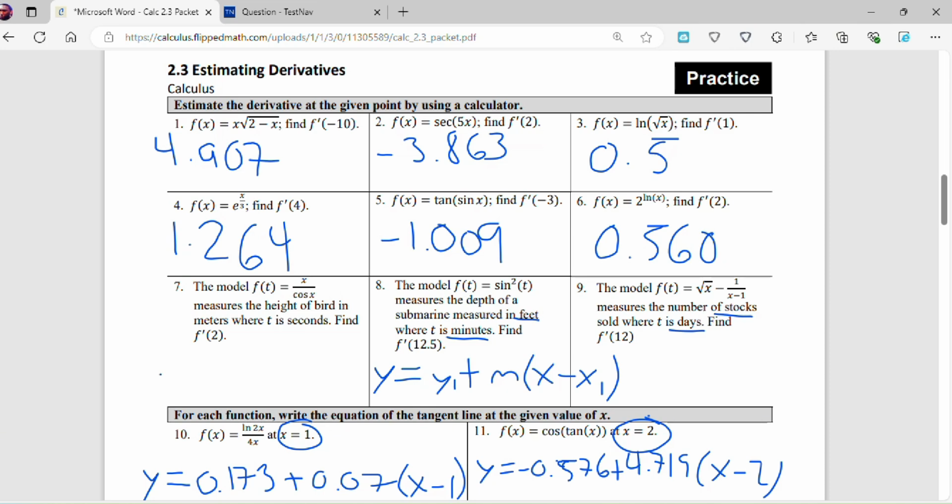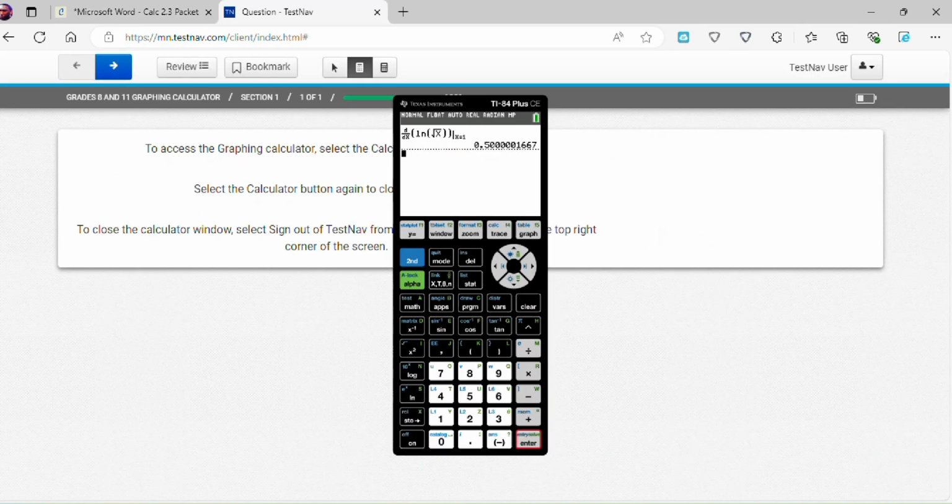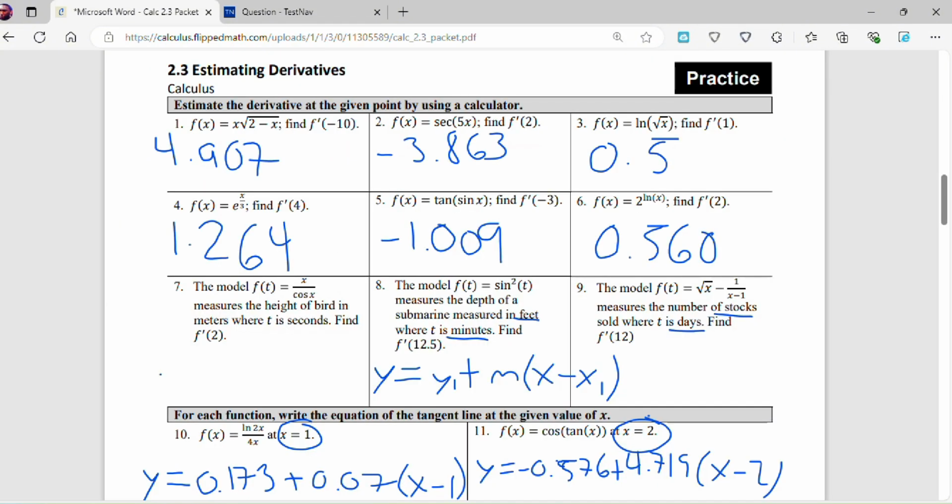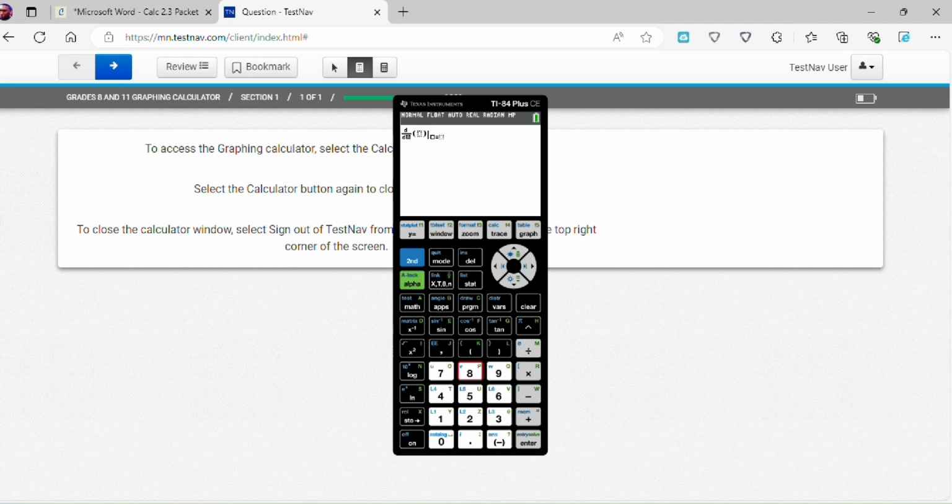And so that's how you do it. Oh, I want to show you how to do 8, because 8 is a little bit weird if you're not too comfortable with trying to get sine squared x on the calculator. So, notice, I put sine, but if I go back with the arrow, it doesn't let me go in between the parentheses and the sine.